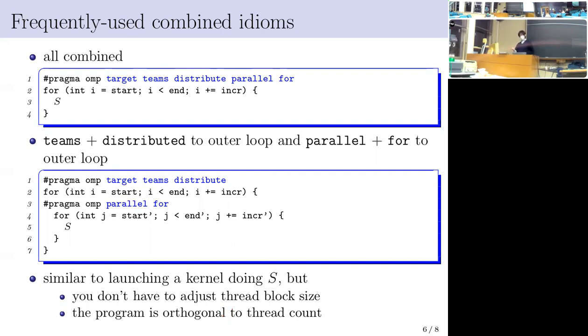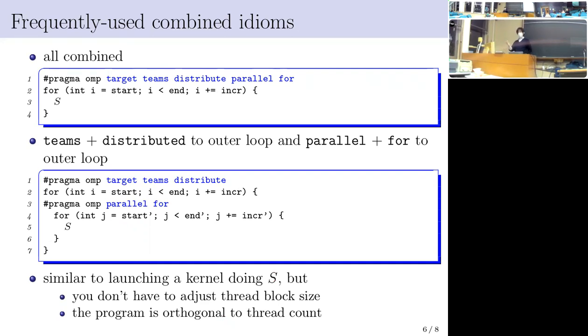In CUDA programming, you specify the thread numbers and thread block size. What you typically do is give a single iteration to a single CUDA thread, but that's not necessarily always optimal, right? When you have, for example, many more iterations, you may need to assign multiple iterations to a single thread.